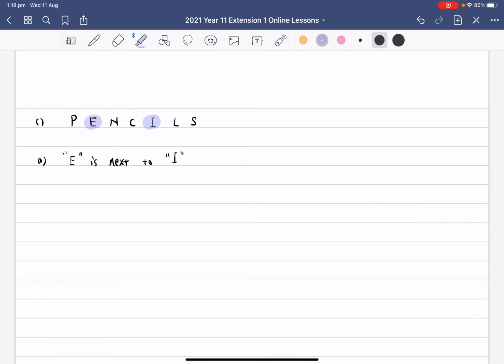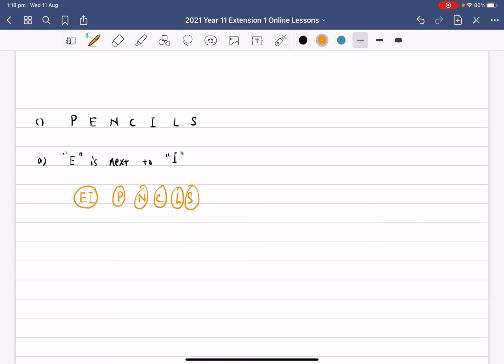So therefore these two must be grouped. Again, similar to what we did before, these two must be in a group. We group E and I together. That's a group. And then we have a P and an N, C and an L and S. So these are the groups.